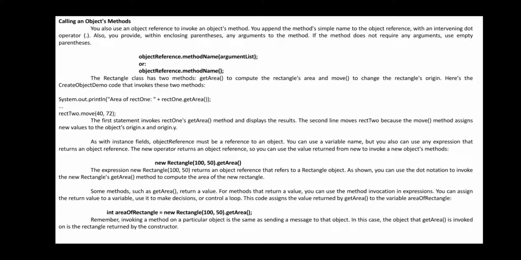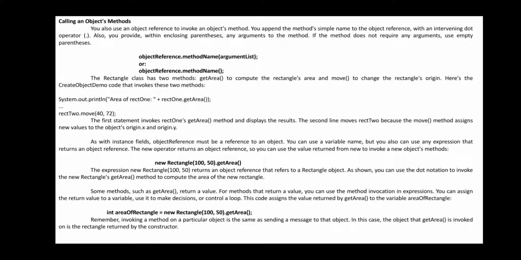The Rectangle class has two methods. One is getArea, to compute the rectangle's area, and the move method, to change the rectangle's origin. Here's the CreateObjectDemo code that invokes these two different types of methods.